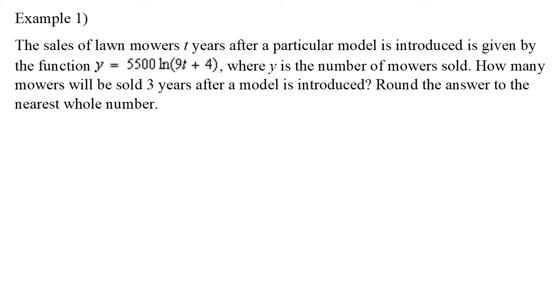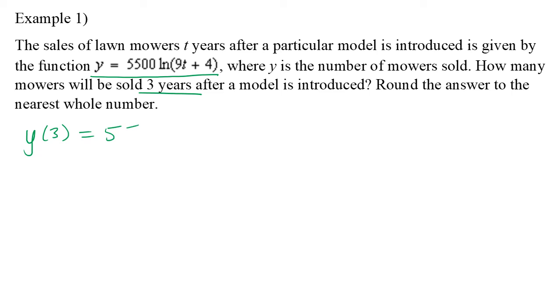Okay, so it's giving us our t, it's giving us our function, and we have y equals 5,500 natural log 9t plus 4. And it wants to know how many mowers will be sold 3 years after a model is introduced. So it's in terms of t, and we're looking for a y of 3.